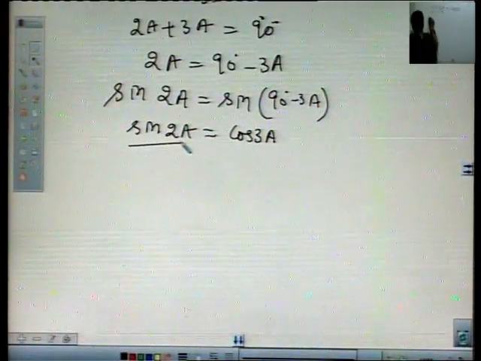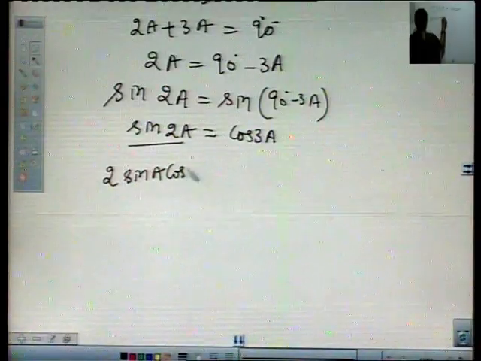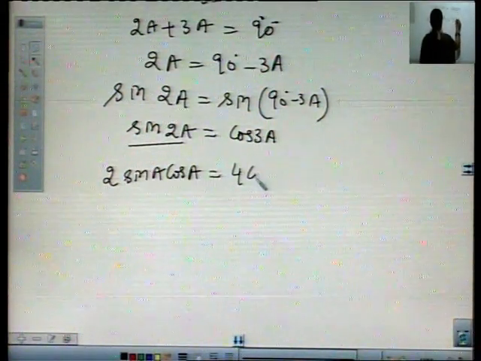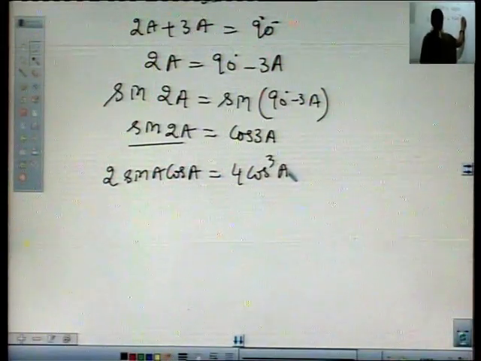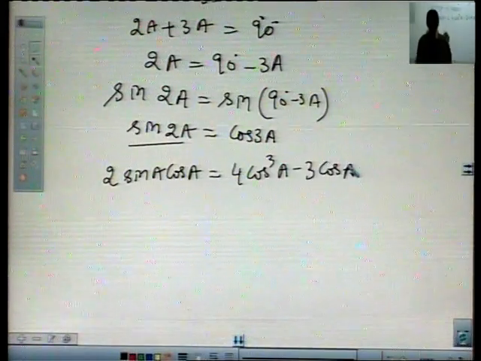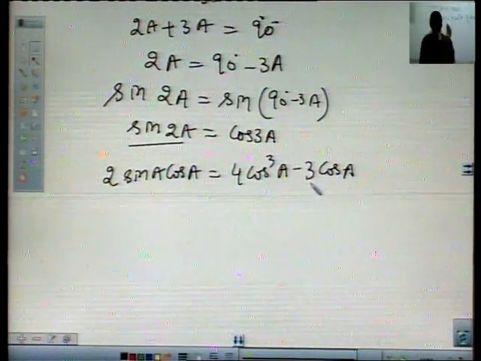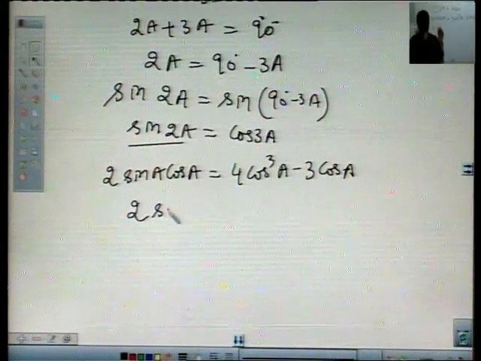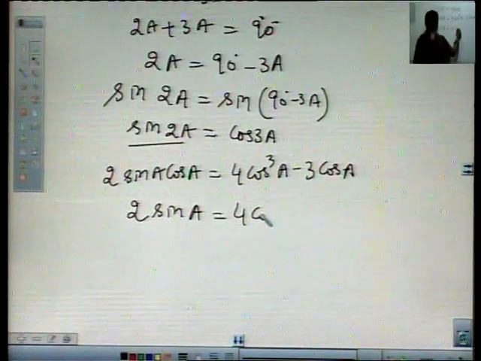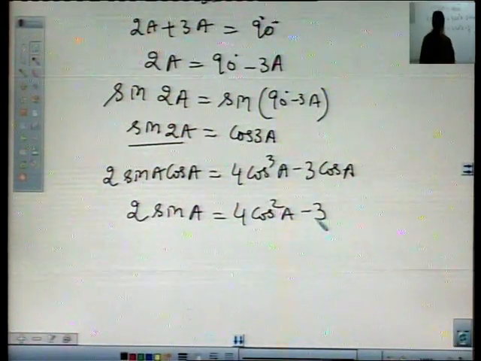Now sin 2A is 2 sin A cos A and cos 3A is 4 cos cube A minus 3 cos A. Now taking cos A common, it will cancel from both sides and it will be equal to 2 cos square A minus 3.